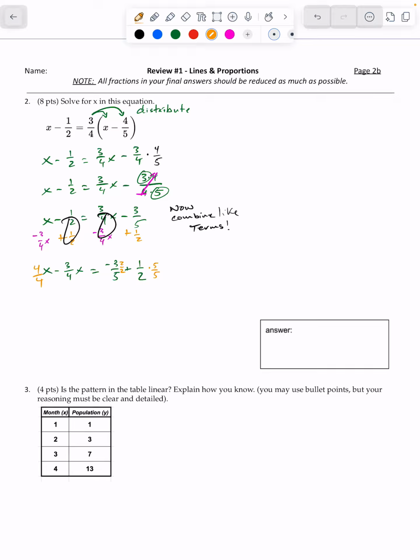So what I'll have is 4x/4 minus 3x/4 equals negative 6/10 plus 5/10. So that means x/4, which is what I have left here, equals negative 1/10.